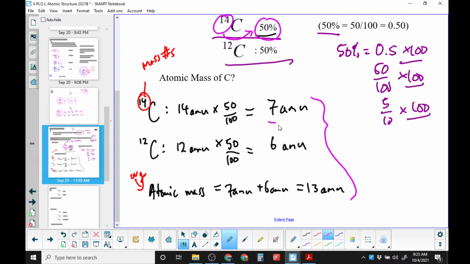You're allowed to use your calculators for this too. 0.5 is just the same as saying half. 12 times 0.5 is 6. And so I have the masses that are present from the percent that you have. By adding them up, I get the average mass of 100% of carbon, when 50% is carbon-14 and 50% is carbon-12. Yes?